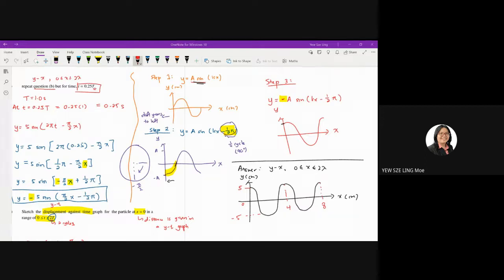So if you think you understand this question already, then you may try question E. Question E again is very similar to this question.